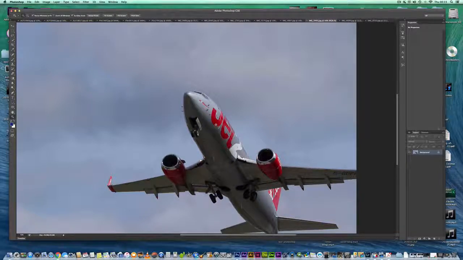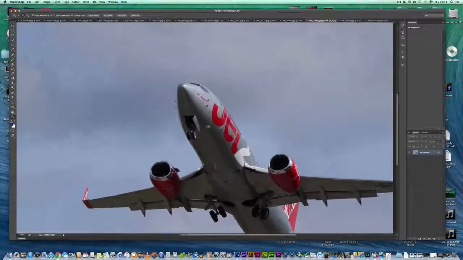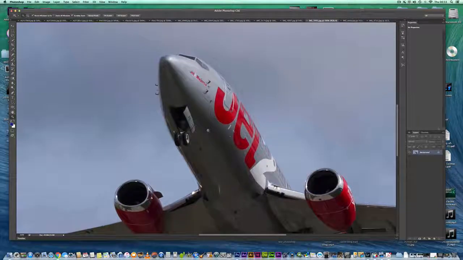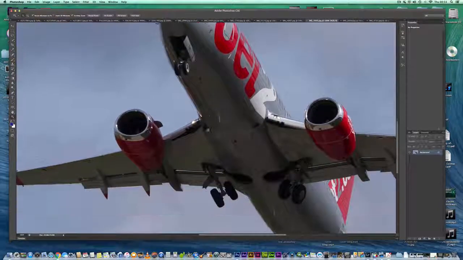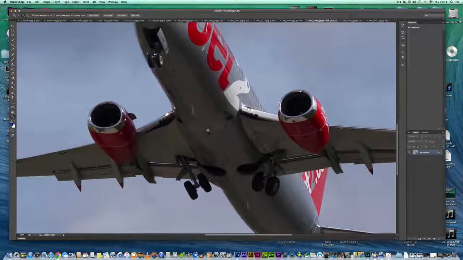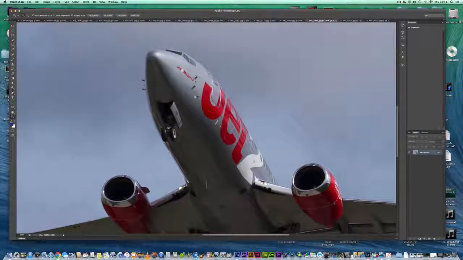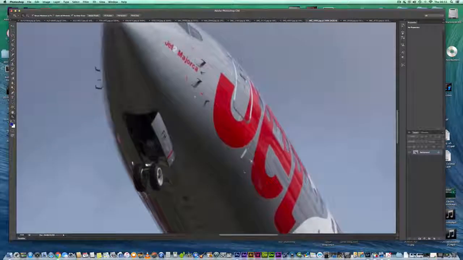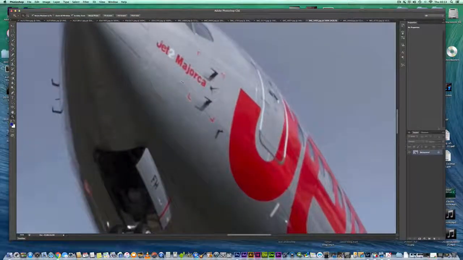It does okay, fairly well at 500 millimeters. Tends to struggle a little bit at 600 millimeters. That's where the Sport comes into its own. 100%, 200%, 300%. Right, next image.